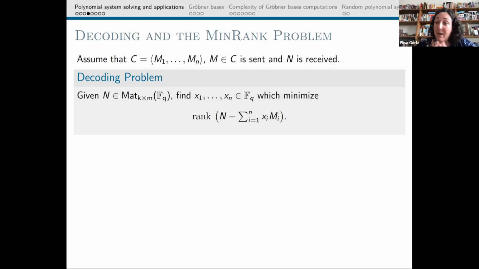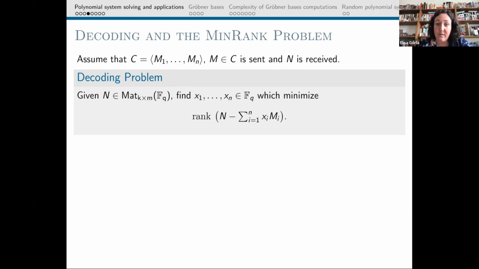And this minimizing the rank, again, I don't want to get too much into detail, but intuitively means that you assume that the least number of errors possible has occurred. So you assume that what was sent is the closest thing to what you have received. So you correct the least possible and you get something that makes sense. You assume that's your message that was sent to you. Okay, so this is the decoding problem.